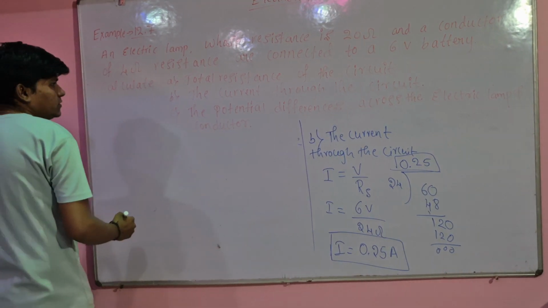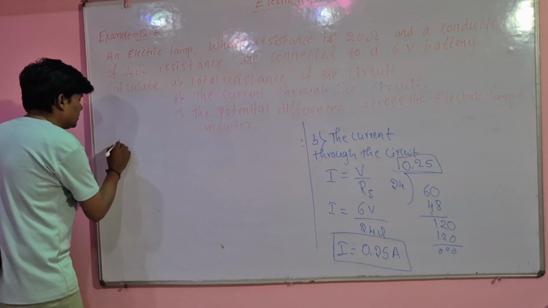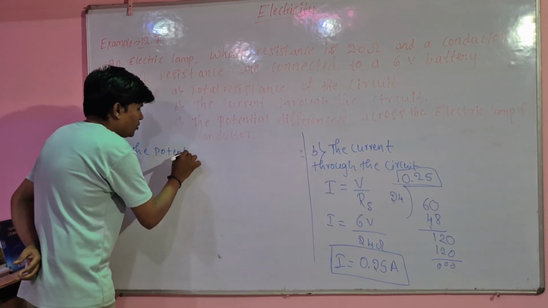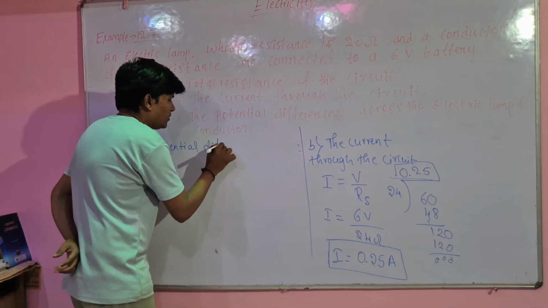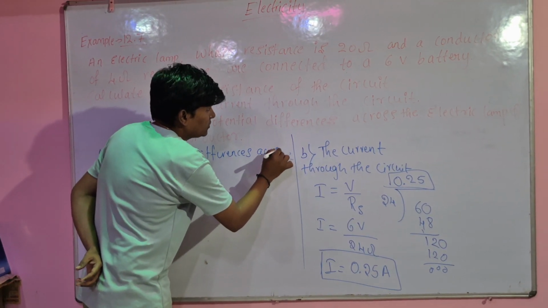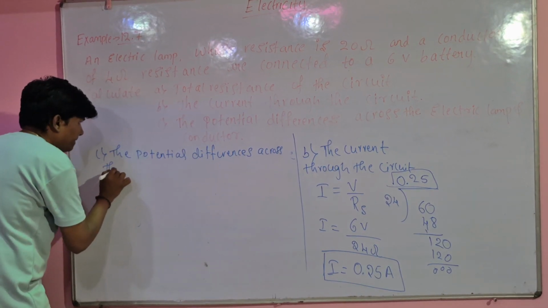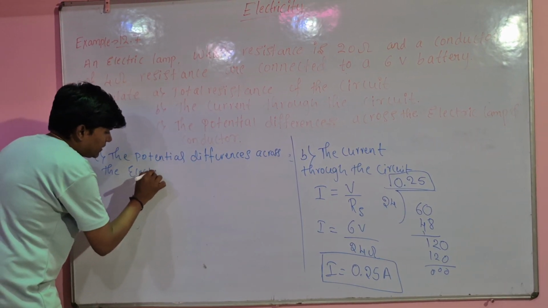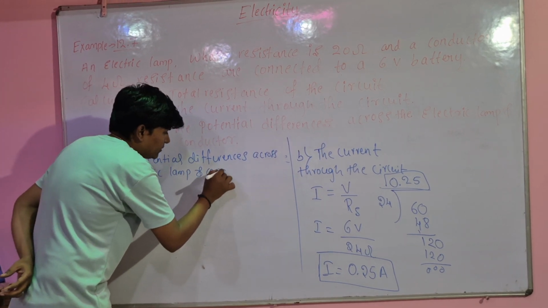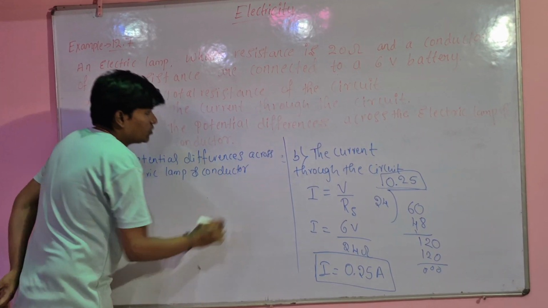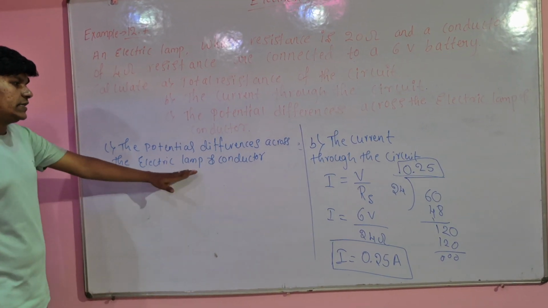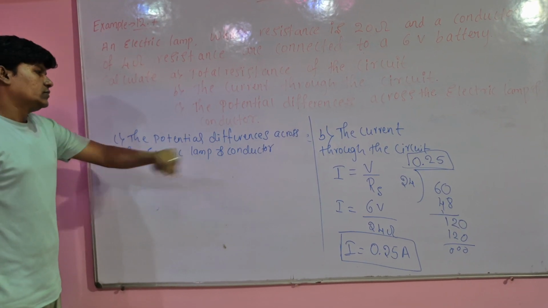C is the potential differences across the electric lamp and conductor. For both the lamp and conductor we have to solve the problem. First we take the electric lamp, then we take the conductor.